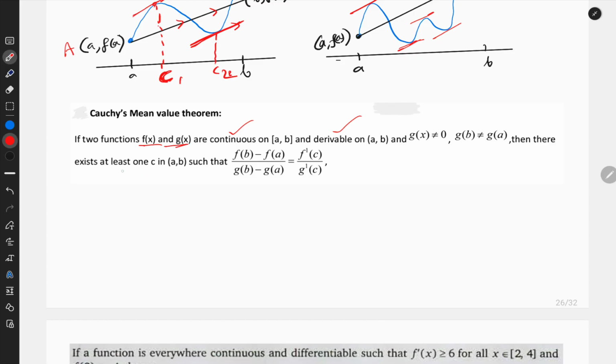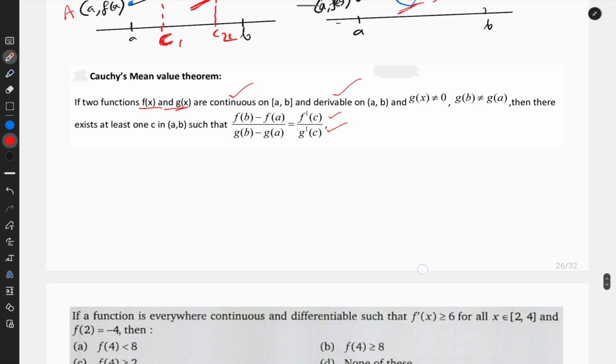Then there exists at least one c. It's an application of the Lagrange mean value theorem only. If you take f dash of c, you know that it is f of b minus f of a by b minus a. G dash of c is g of b minus g of a by b minus a. Take the ratio of these two, you'll be getting this. Okay, so let's move on.